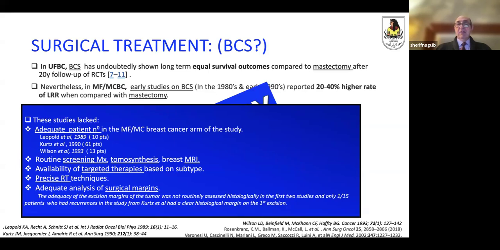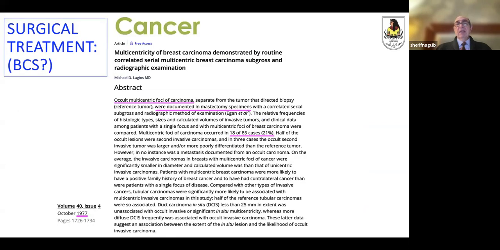The radiotherapy techniques were not as precise as today, and the analysis of surgical margins in these studies was not really very accurate. So accordingly, this encouraged some surgeons to start advocating breast conservation to multifocal and multicentric disease.